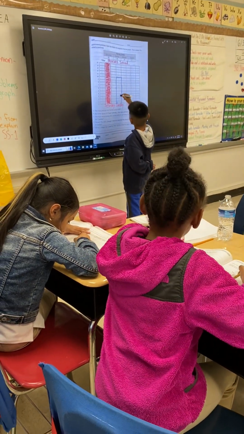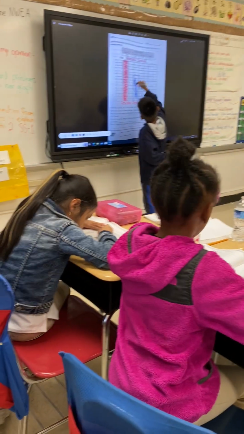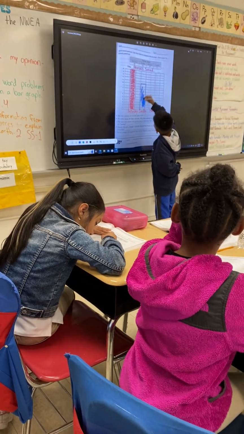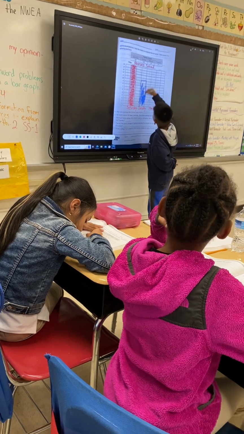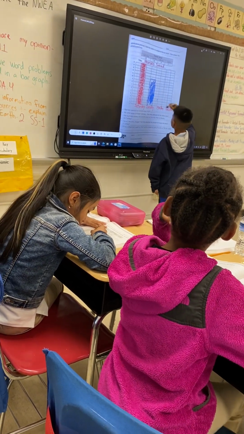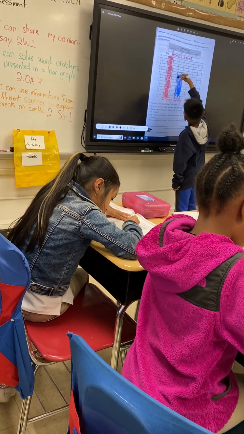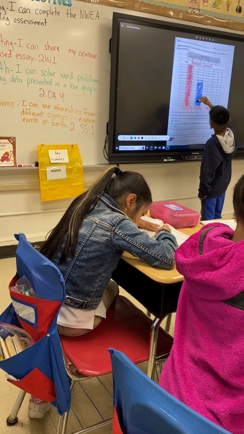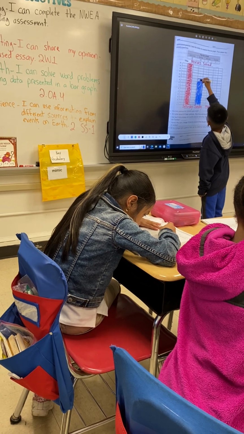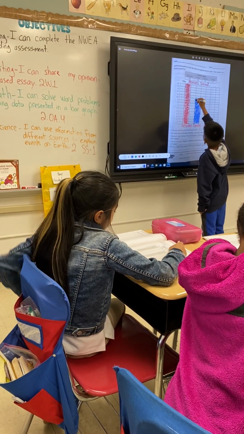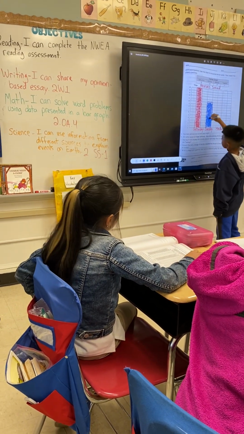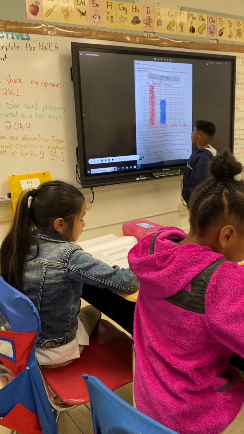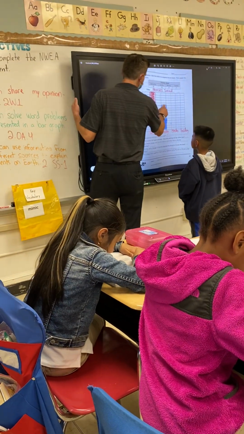Good, shade it in quickly. All right, try to keep it in the lines. Can you get that top a little more? Good, so his bar goes all the way up to number 10.